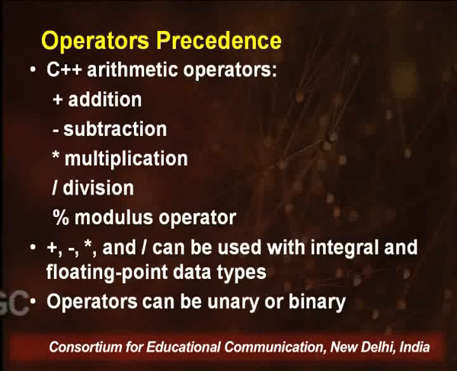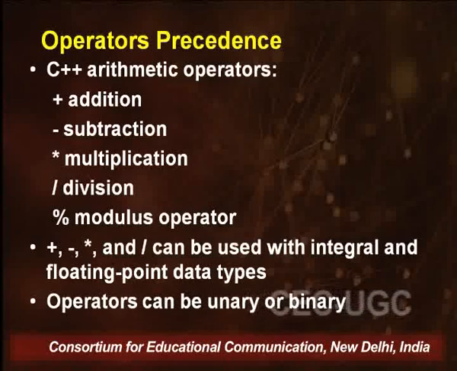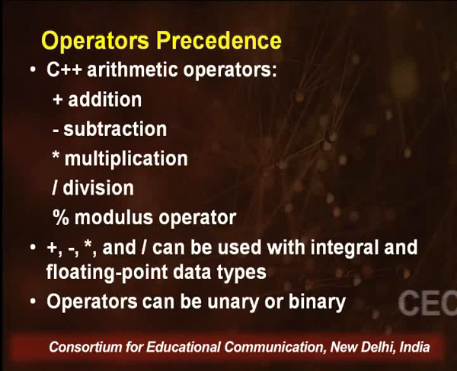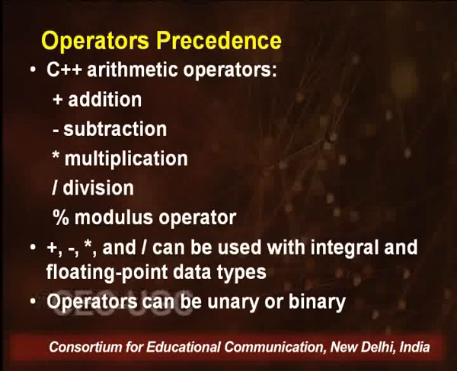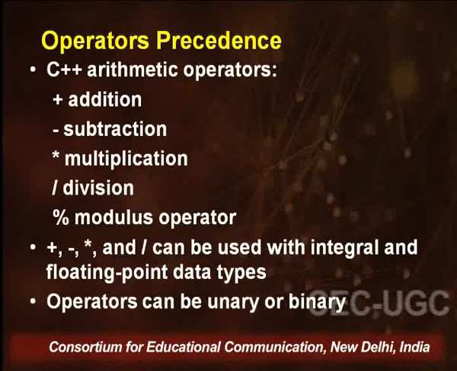But with operators we have to be careful with which kind of operands these operators can be used. Plus, minus, multiplication, division can be used with integral and floating point data types both.